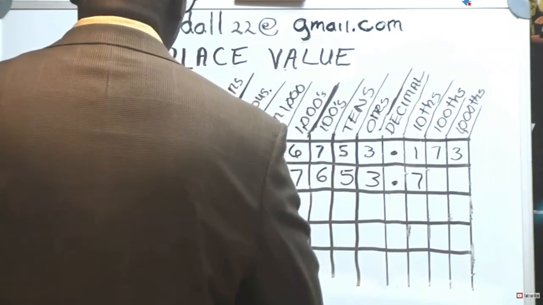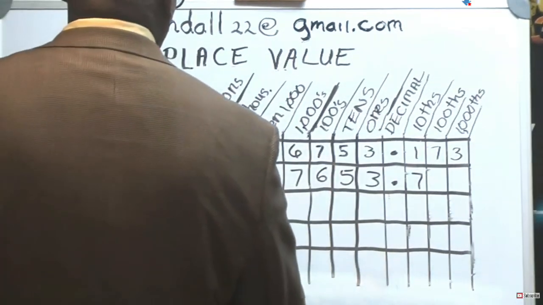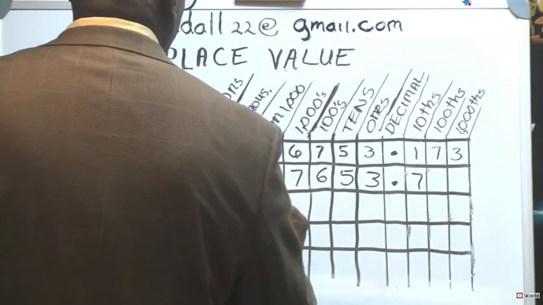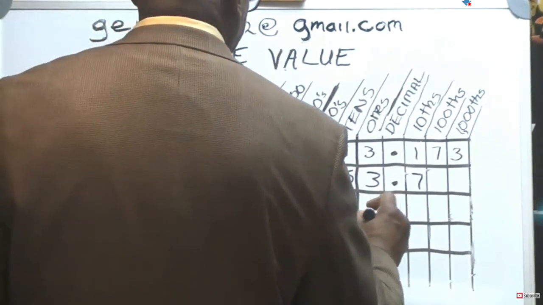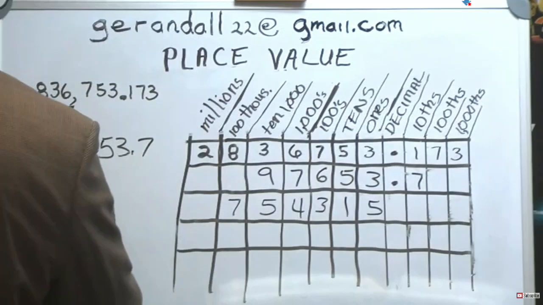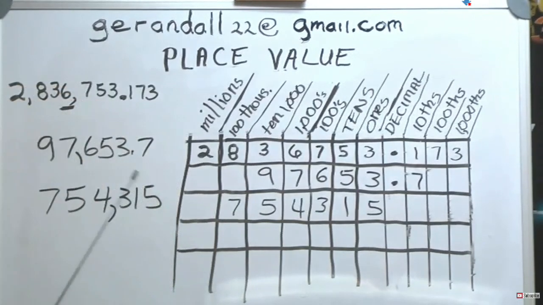Let's look at that six-figure income: 7, 5, 4, 3, 1, 5. That's 754,315. Again, do not say 754 and 315.